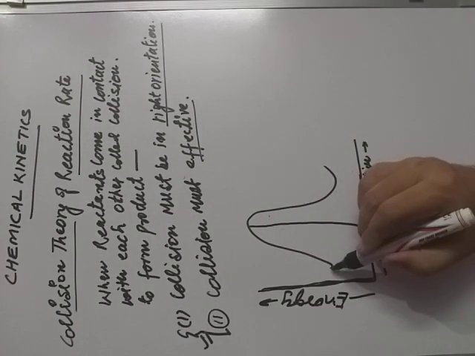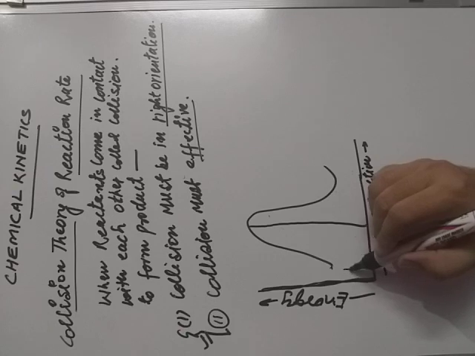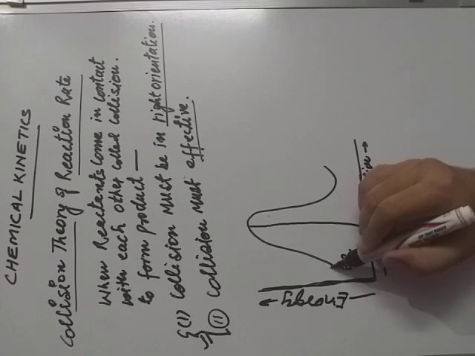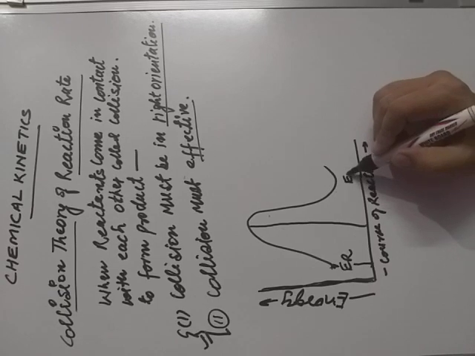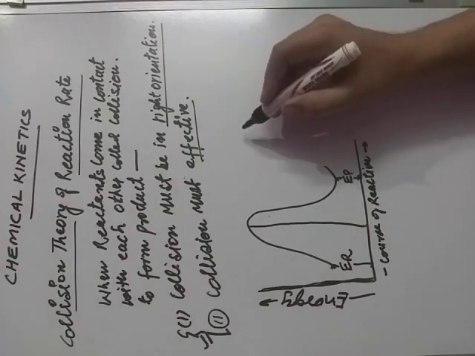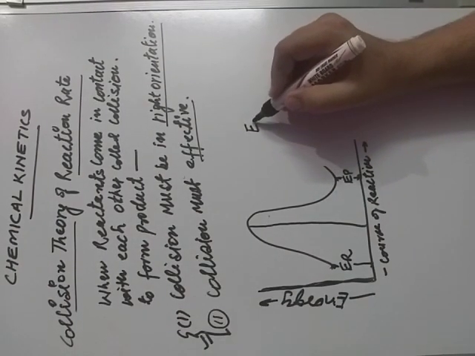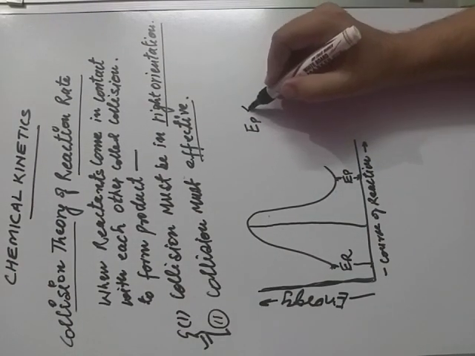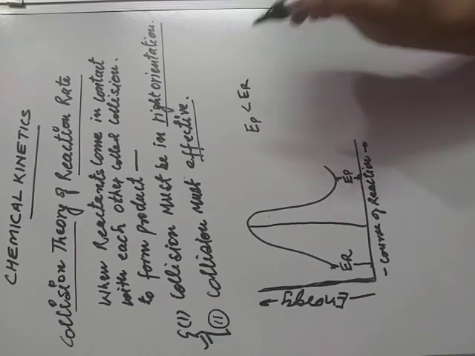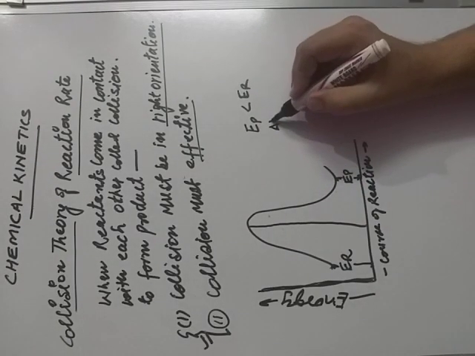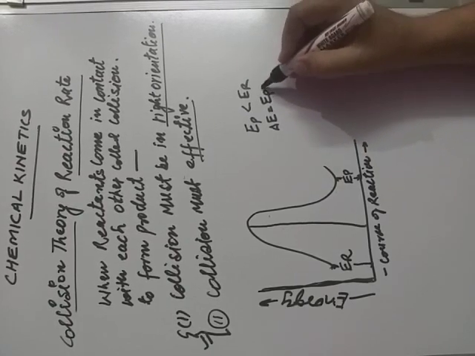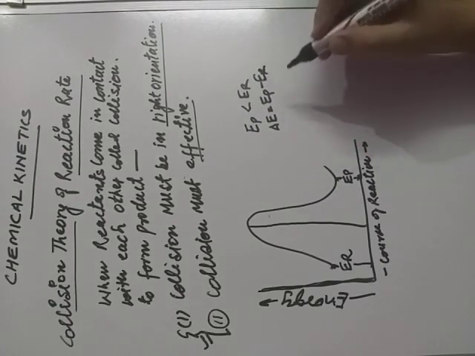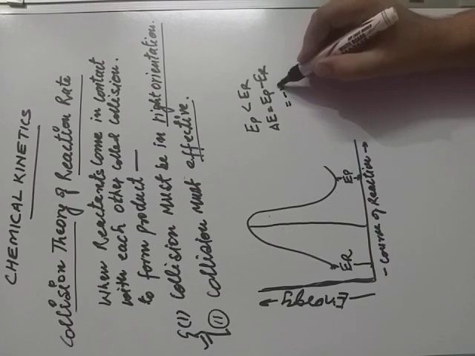Here, this is the energy of the reactant, and it is the energy of product. You can see that in this graph, energy of product is less than energy of reactant. So if you take the change in energy, it will be EP minus ER, and here it will be negative.